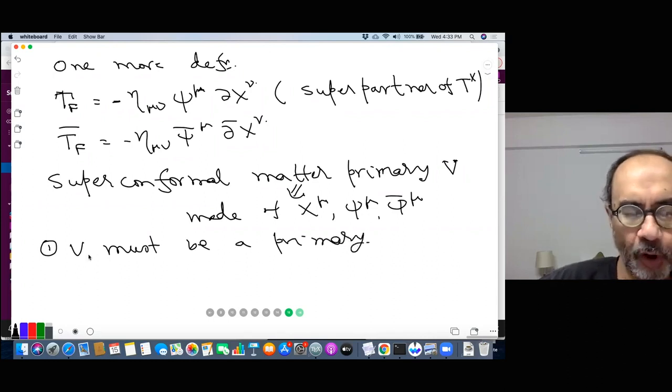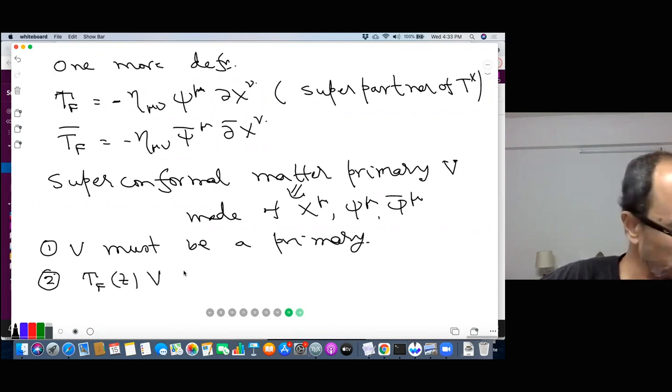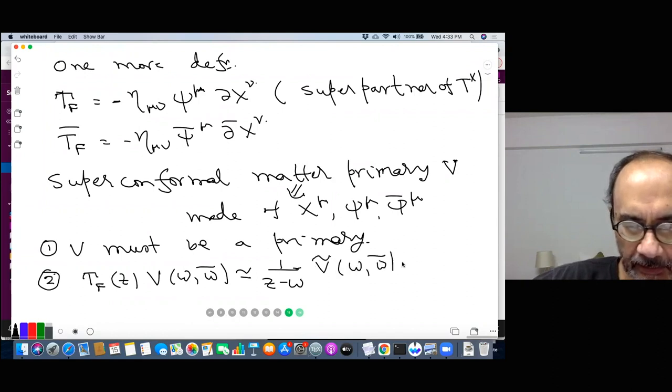In particular, its operator product with T, or with Tx plus T psi, will have the appropriate property. Furthermore, when you take the operator product of TF with V, it should have the structure of 1 over z minus w times some operator, let's call this P tilde (w) plus regular terms. The important point is that the maximal singularity that the TF with V operator product should have is 1 over z minus w. There should be no 1 over (z minus w) square in this product.